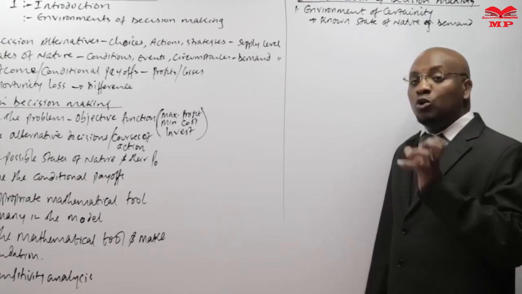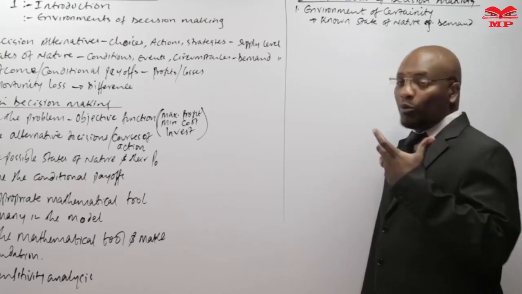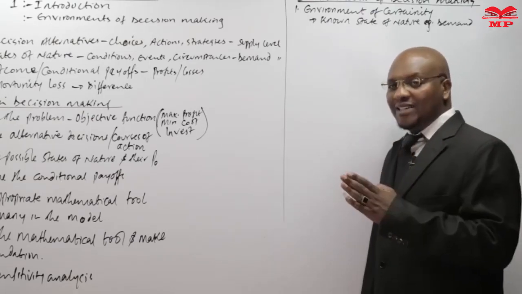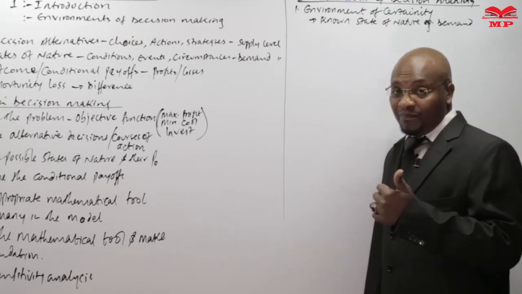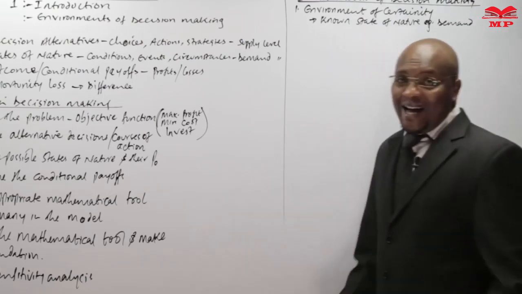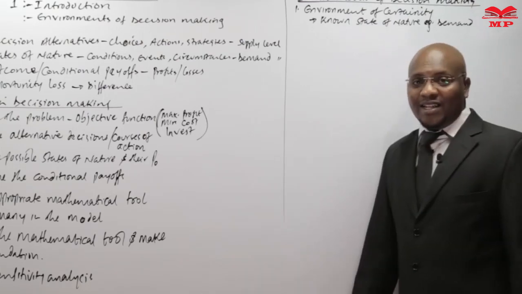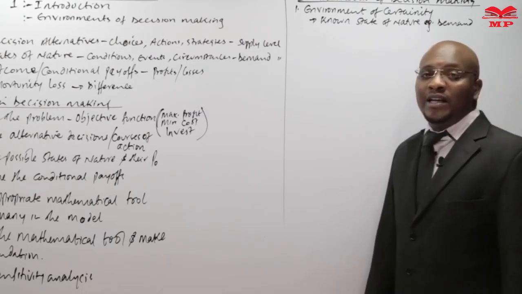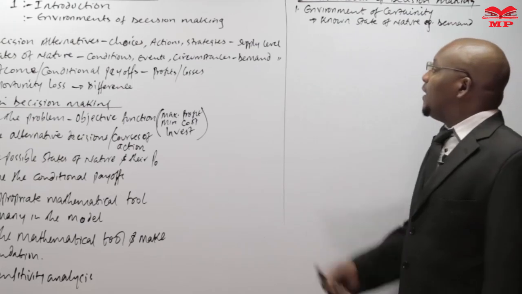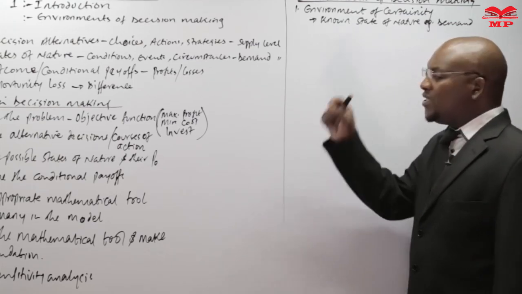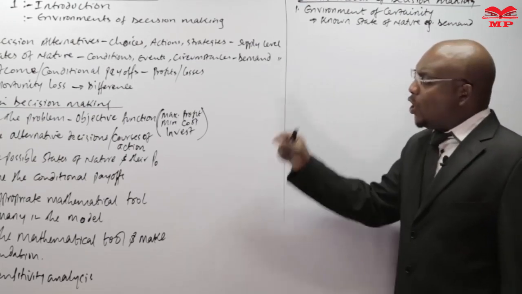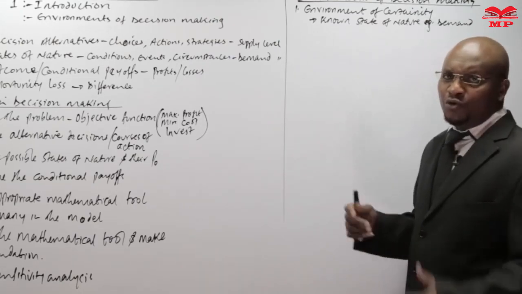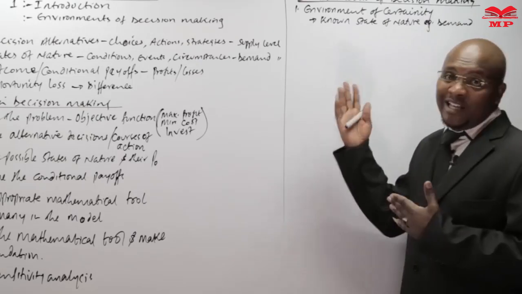That time you can be knowing. But if you are doing the normal production where you produce and then wait for the customers, you can never be very certain concerning what the customers are going to order. And therefore, it is a rare environment that not in most cases, not often, you may actually be certain concerning what state of nature, what circumstance, what condition, or what event may occur. And therefore, we do not normally do some calculations concerning it.